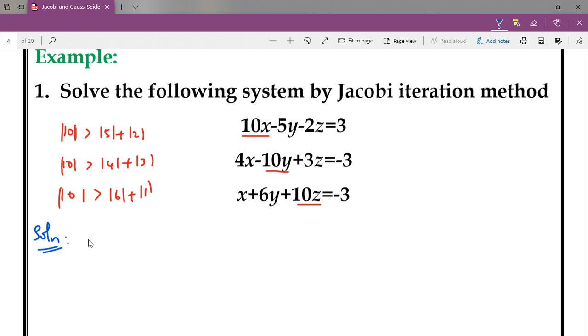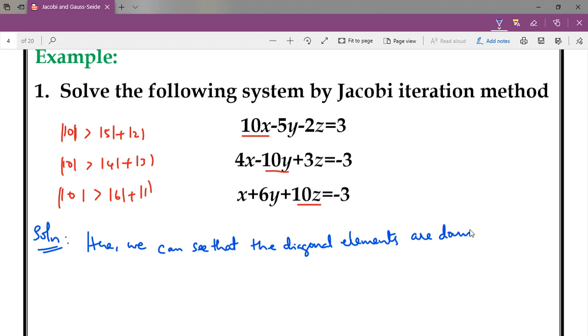So solution, here we can see that the diagonal elements are dominant. Okay, hence we can further move to the iteration process.